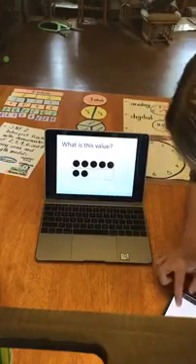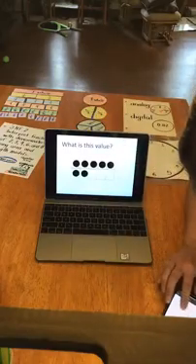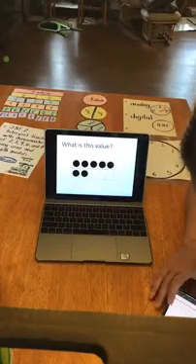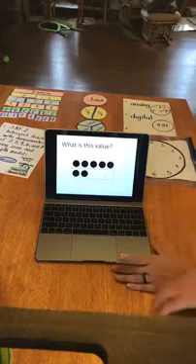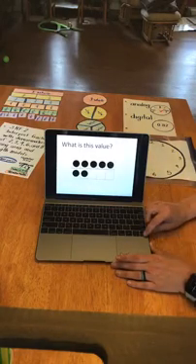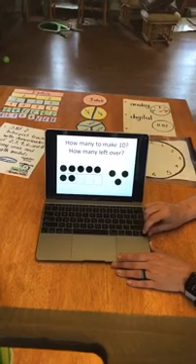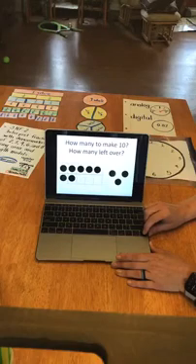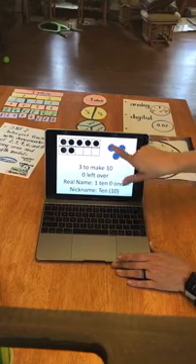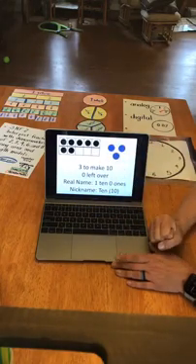Let's get to Subitizing before we get into our fractions. Here we go. What is the value? How many more to make 10? How many to make 10? How many left over? 3 to make the 10, 0 left over.